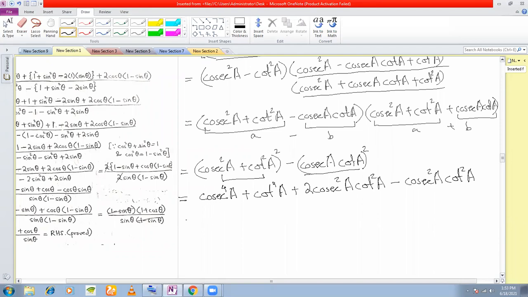So you have cosec to the power of 4A plus cot to the power of 4A plus cosec square A into cot square A.